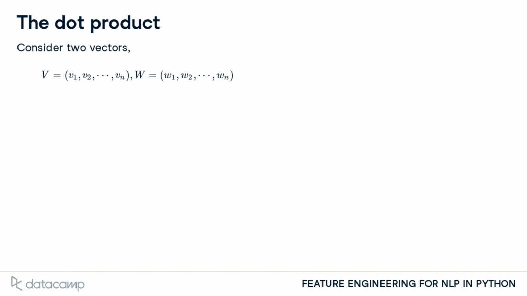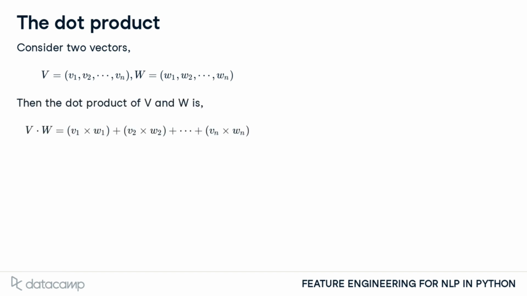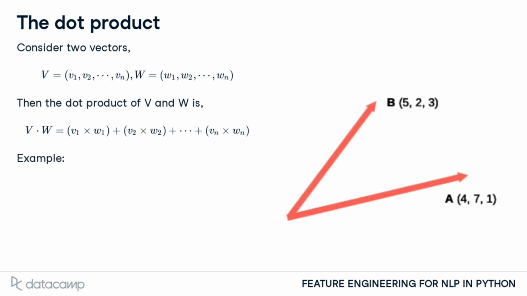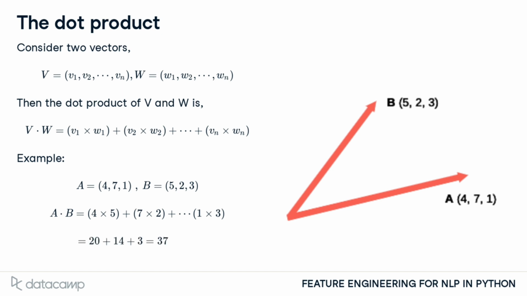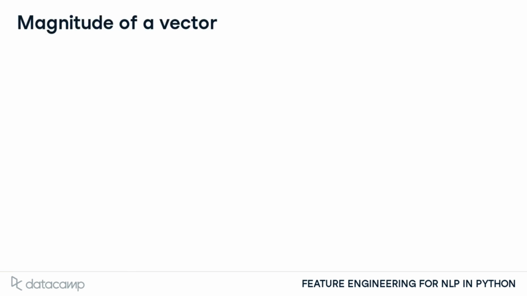Then the dot product here would be v1 times w1 plus v2 times w2 and so on until vn times wn. As an example, consider two vectors a and b. By applying the formula above, we see that the dot product comes to 37. The magnitude of a vector is essentially the length of the vector.